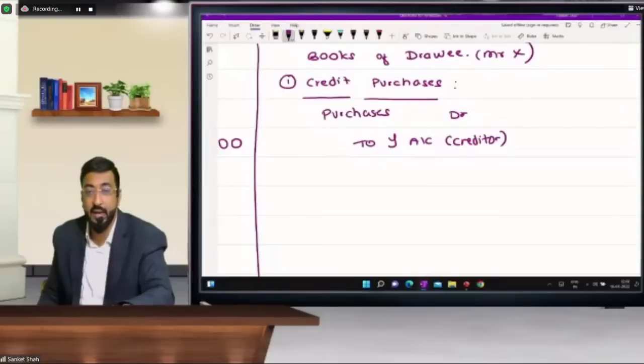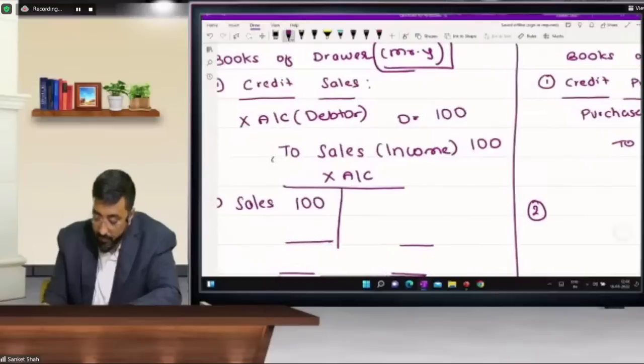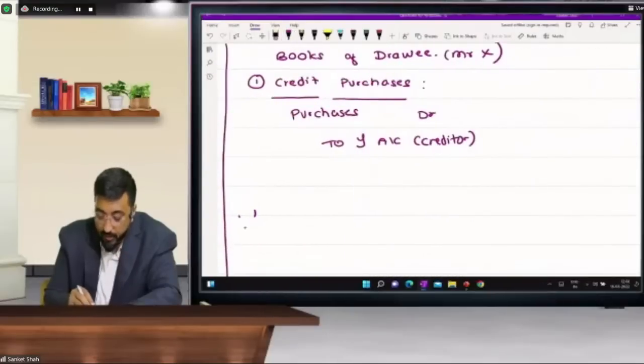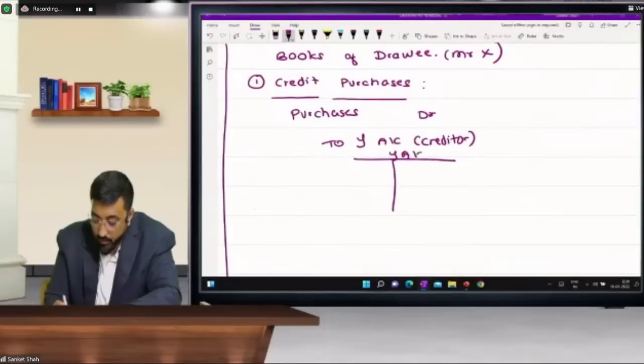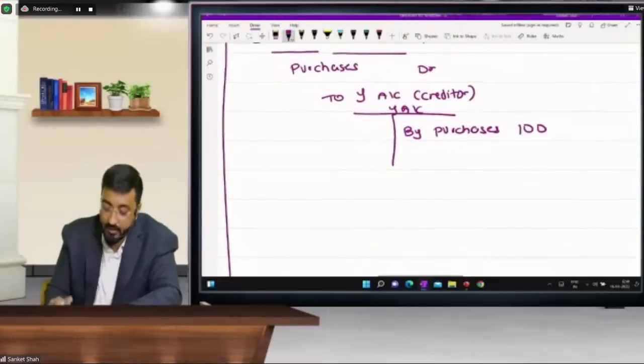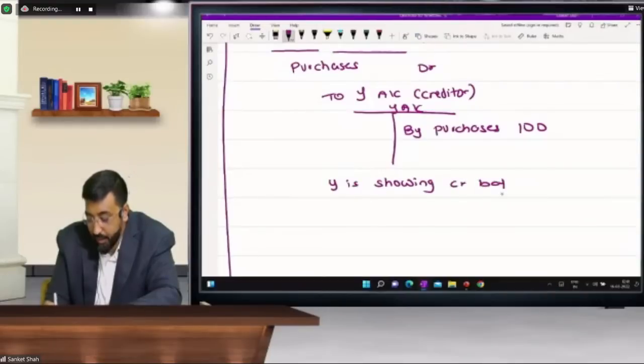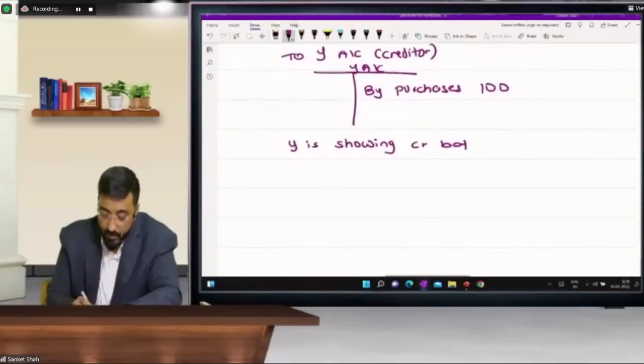Y is a creditor. What is the second entry? Y is showing better. If I open the Y account in X's books, Y account, by purchases 100, credit balance. Y is showing a credit balance after purchases.